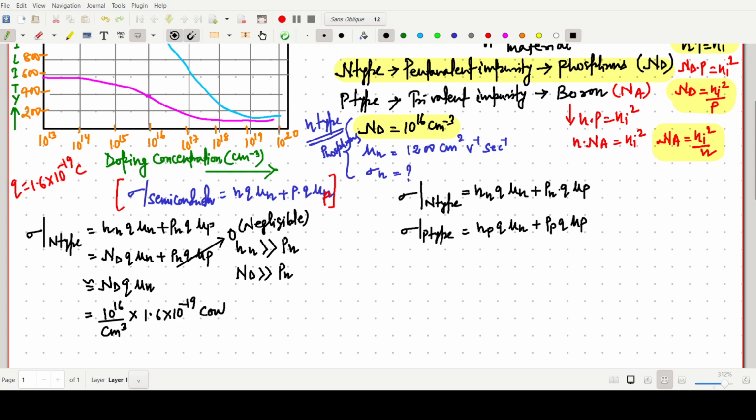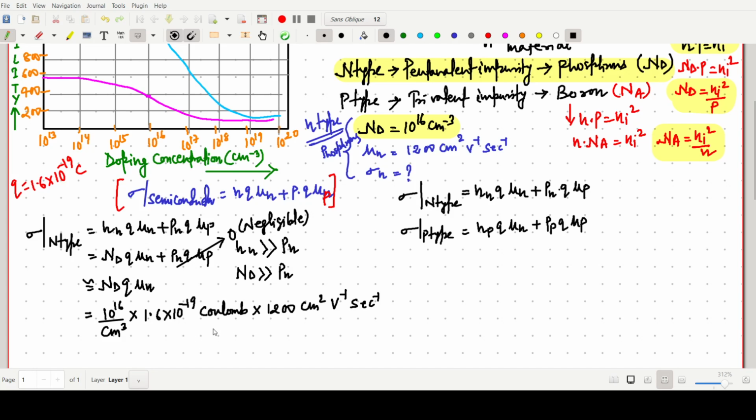Then mu n, the mobility of the electron, we have found from this graph. That is why this graph is given: 1200 centimeter square per volt per second.